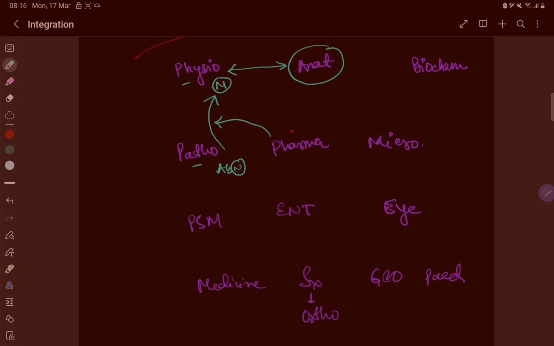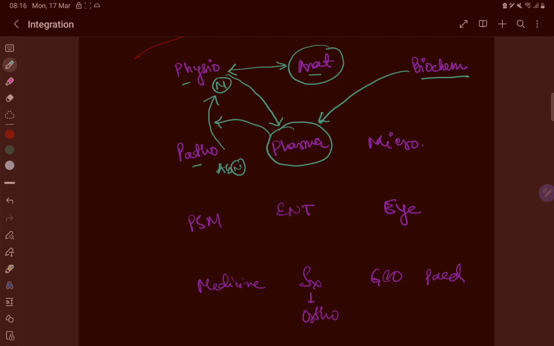So that is a connection. Now you see, pharma needs again physiology knowledge and biochemistry knowledge. Okay, a little bit of anatomy knowledge also, but mostly the biochemistry knowledge and the physiology knowledge.